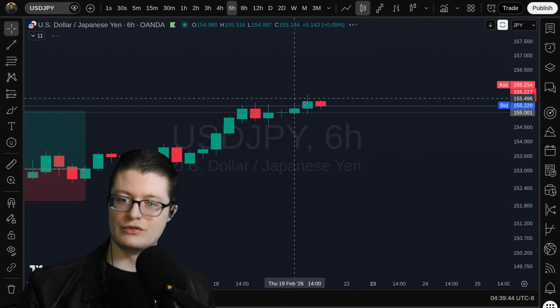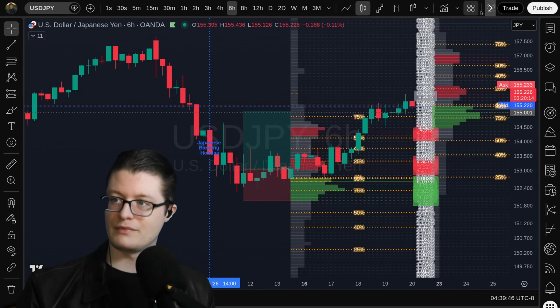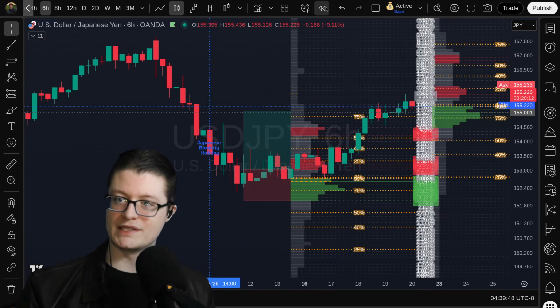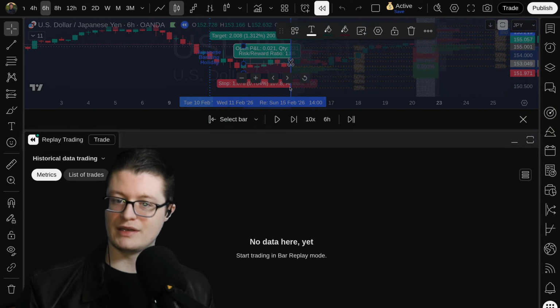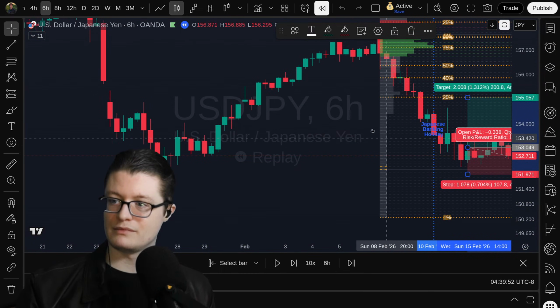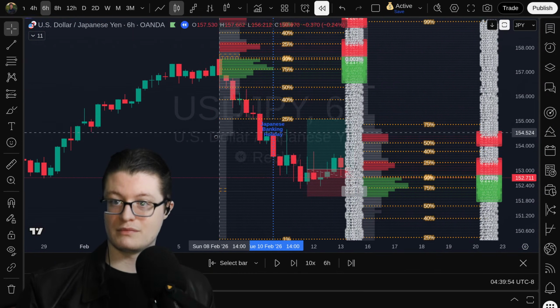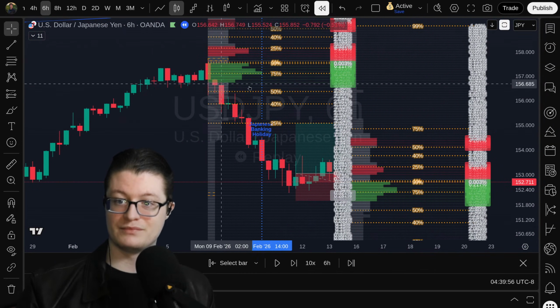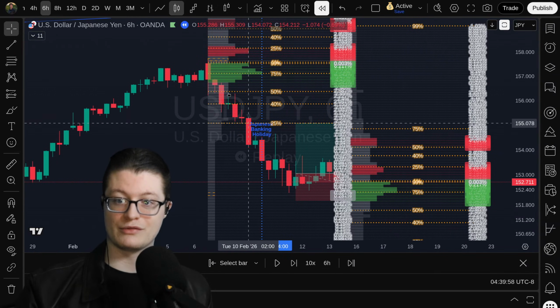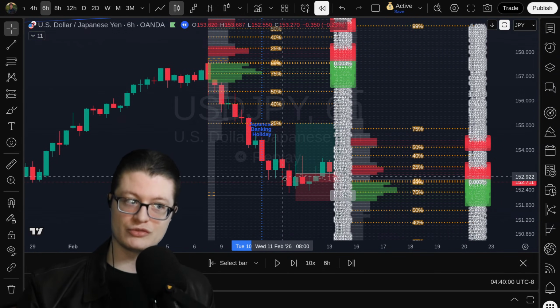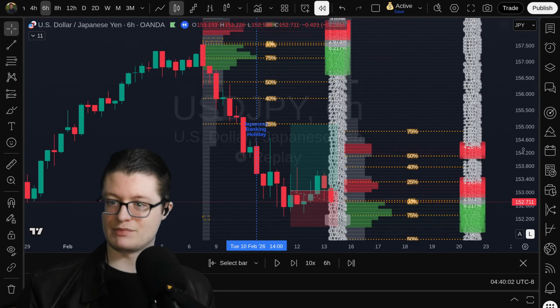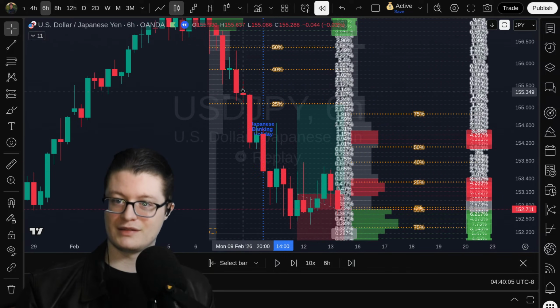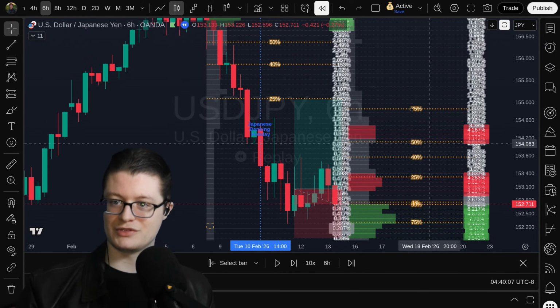So we can go to a smaller time frame, and we can use replay mode with this indicator to see exactly what I saw. You can see I was like, okay, I'm not trading this. This is all tail risk based off weekly distributions. Very explicitly, right? Like, this is the tail of the distribution.